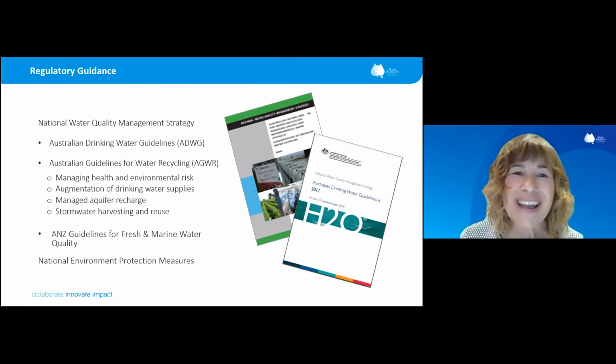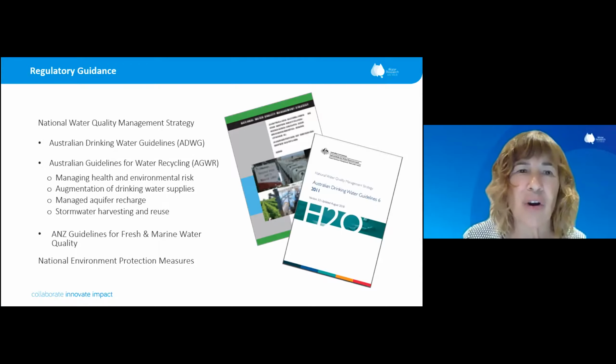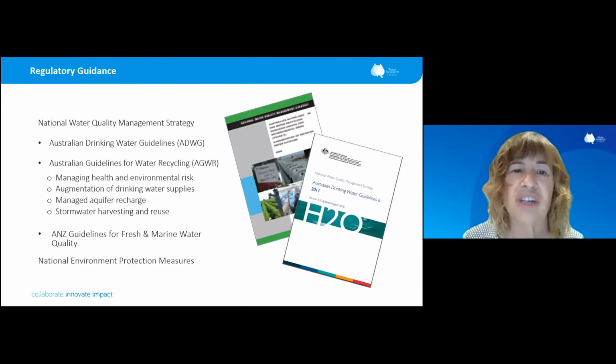So here, for the majority of water quality, both from a health perspective and an environmental perspective, it's guided by the National Water Quality Management Strategy. And beneath that sits a whole series of guidelines relating to drinking water, recycled water, and water discharges to fresh and marine environments.